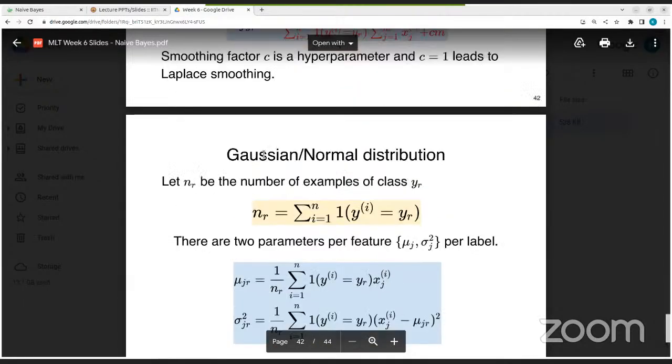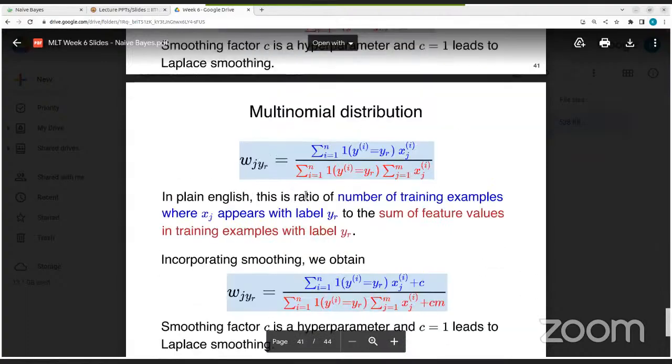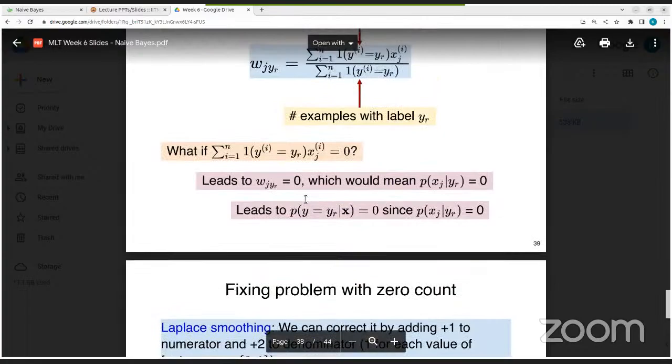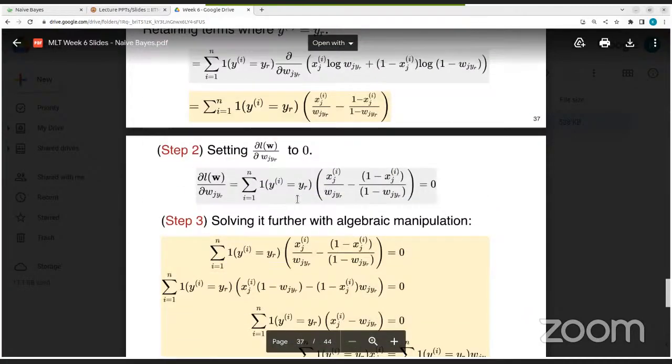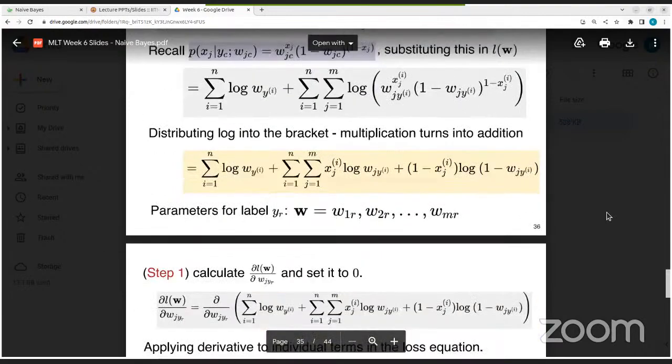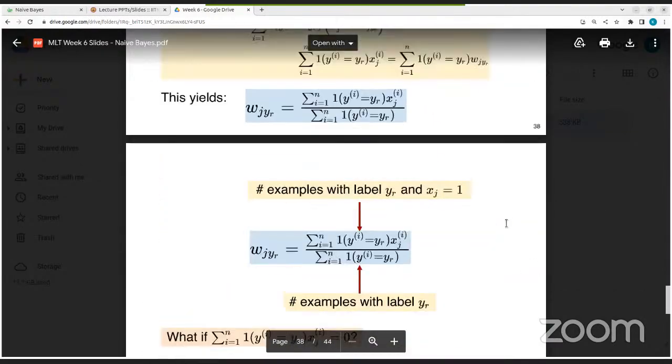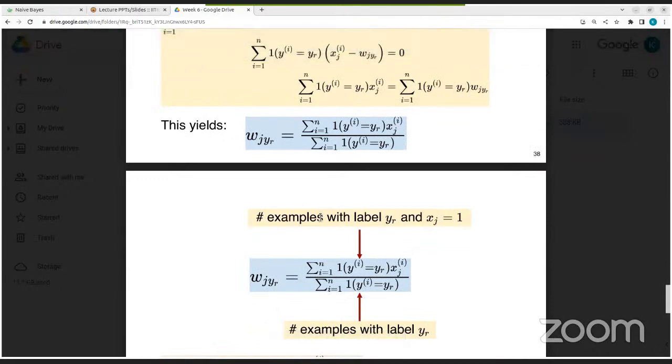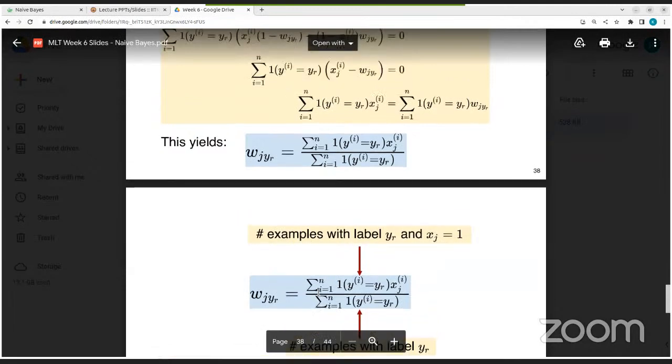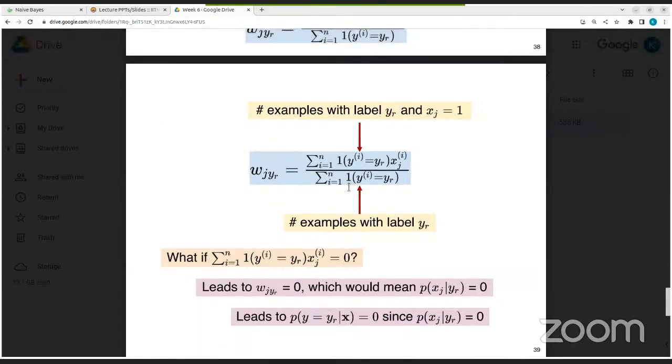Where is the Bernoulli distribution? There are too many indices here, but this is essentially what we are saying. It's the same thing. i equal to 1 to n, yi equal to c. Instead of yi, I am saying yi is c. So look at all those examples of class C, and you are summing up the jth feature for that.